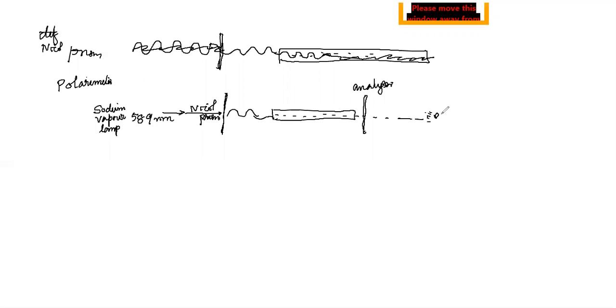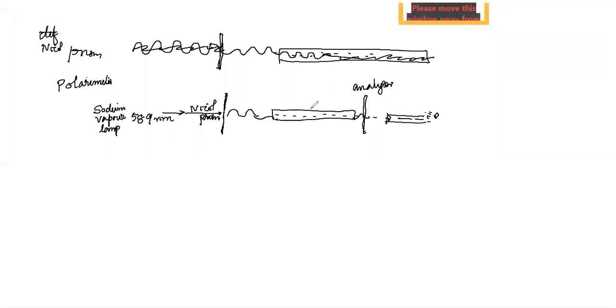So you just observe through this. An eyepiece will be there. You observe from here and see the view of the light which is coming from here. Okay, you can see the light.